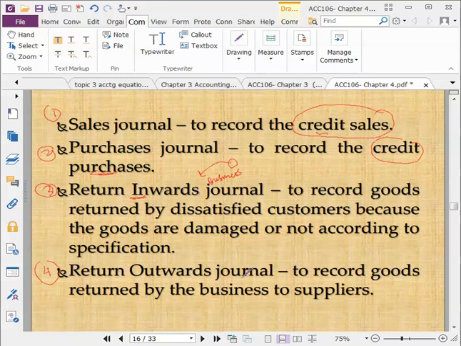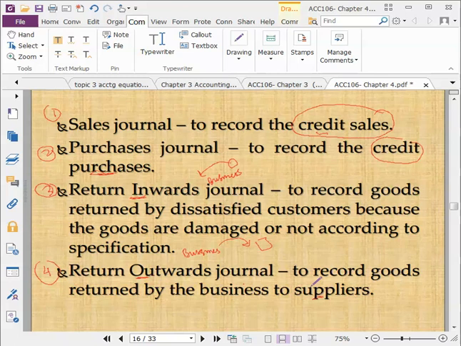So yang seterusnya, return outward journal. Maksudnya from the business to outside, to the supplier, pulang keluar, out, to record goods returned by the business to supplier.